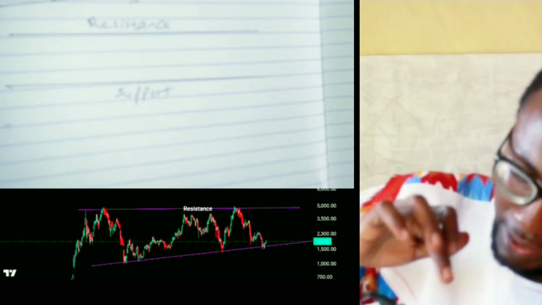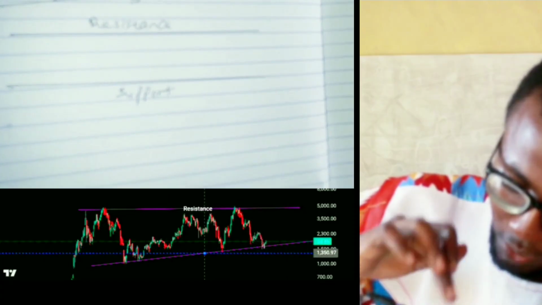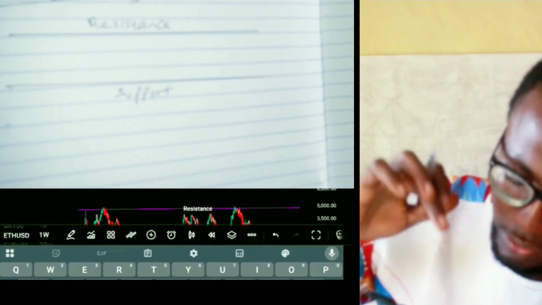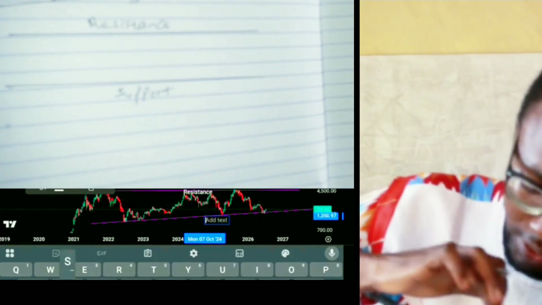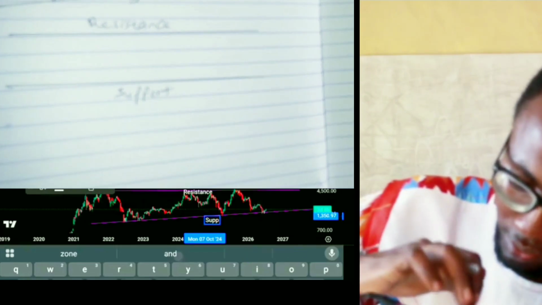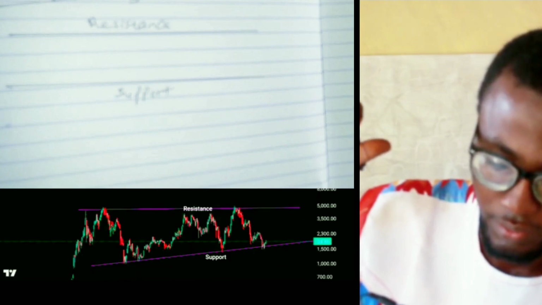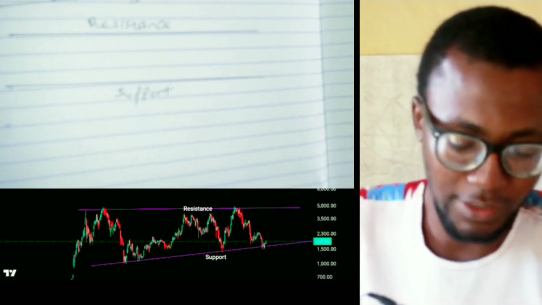You can see it. Then the purple line down is what? Our support. So that's what they call support and resistance.